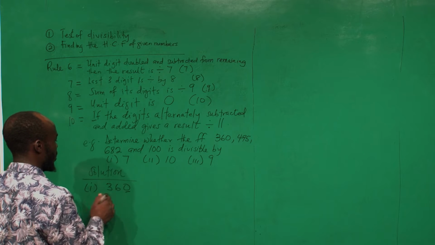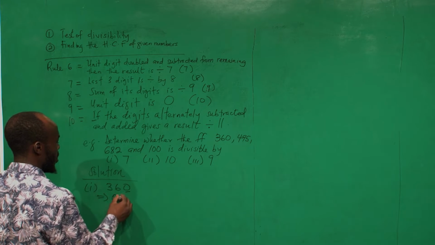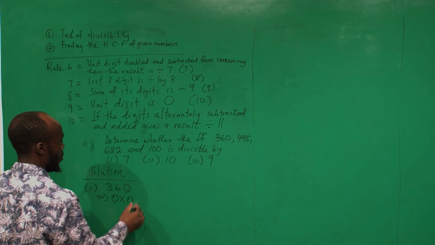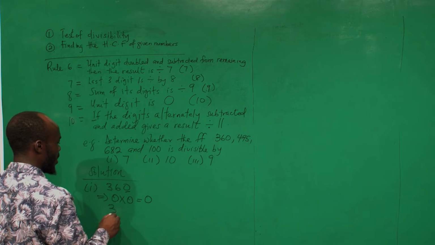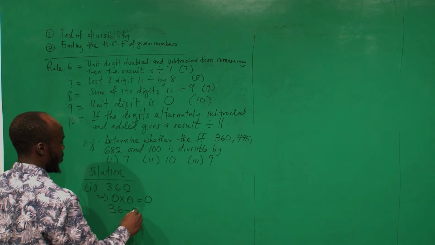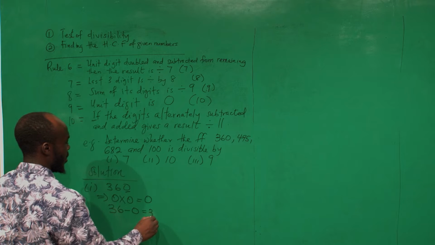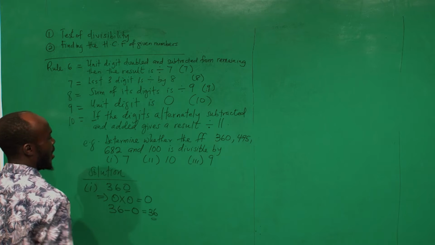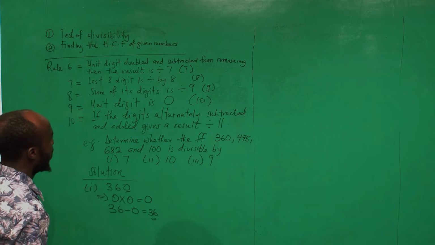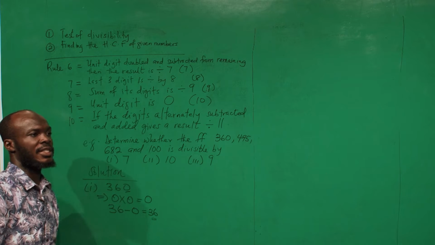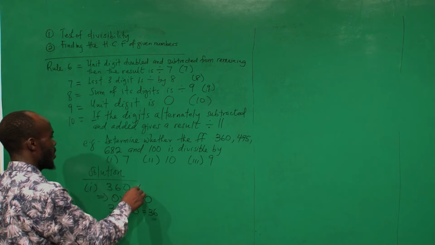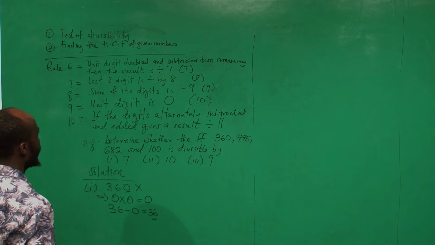So 2 times 0 gives 0, then you subtract it from the remaining, that is 36 minus 0, and you get 36. When we check 7, we can't get 36 in the 7 times table. So this means that 7 can't go.